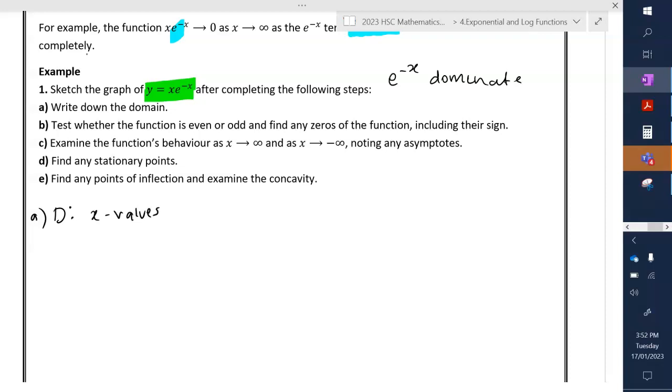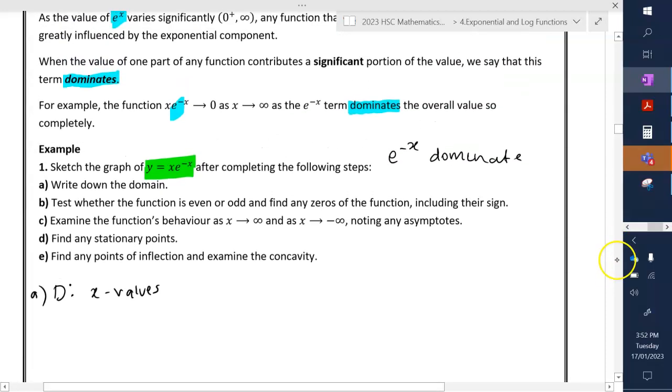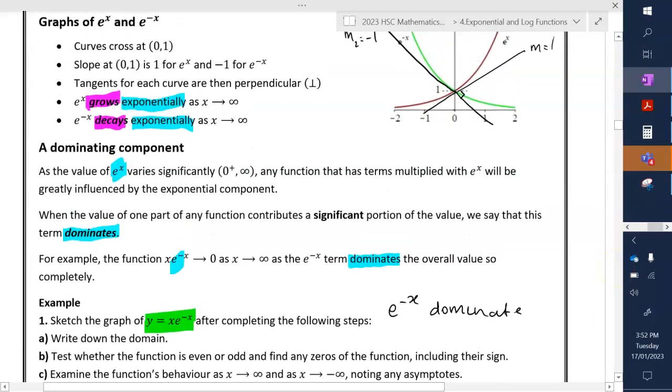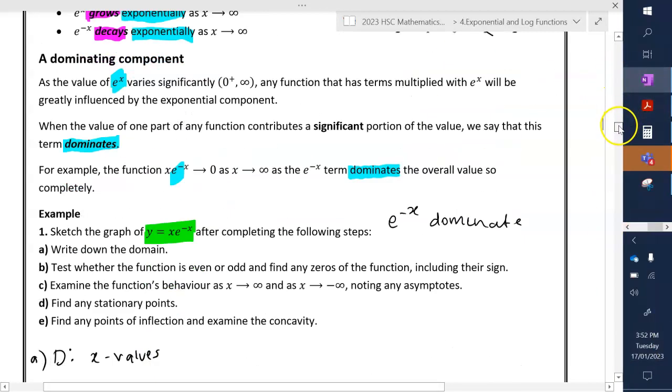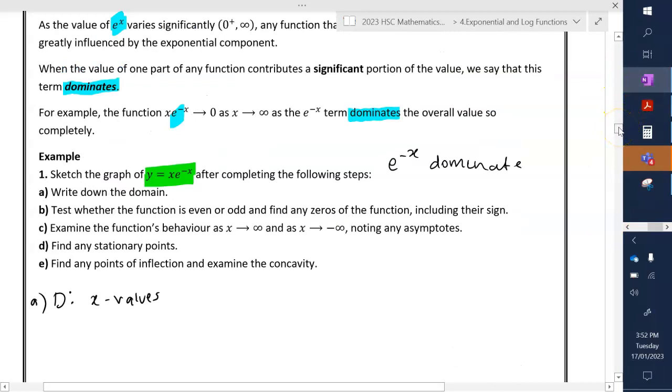So let's have a look at what's happening with e to the minus x. Let's have a look at it up here. E to the minus x is our green one. E to the minus x can take any values of x. So our x e to the minus x is going to be able to take any values of x. So we're just multiplying e to the minus x by values of x. So we'll say all real x values for that one.